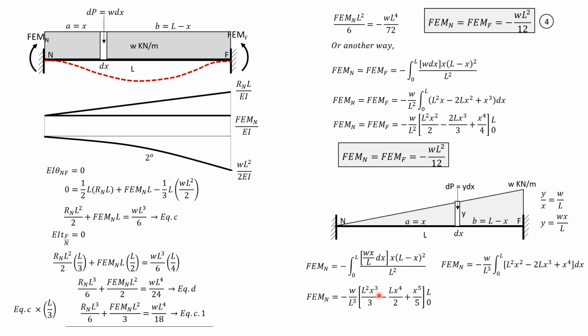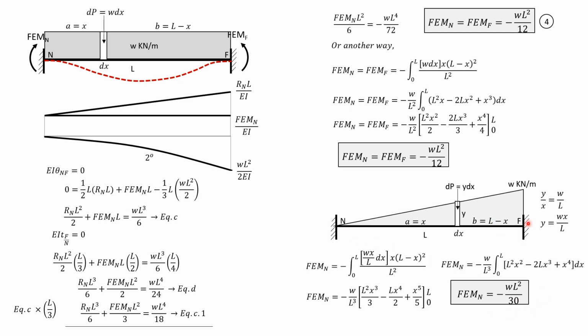So 1/3 minus 1/2 plus 1/5 is then times negative WL cube. The result would be fixed moment here is negative WL square over 30. Take note of that. That's the formula you're going to memorize at the fixed end.